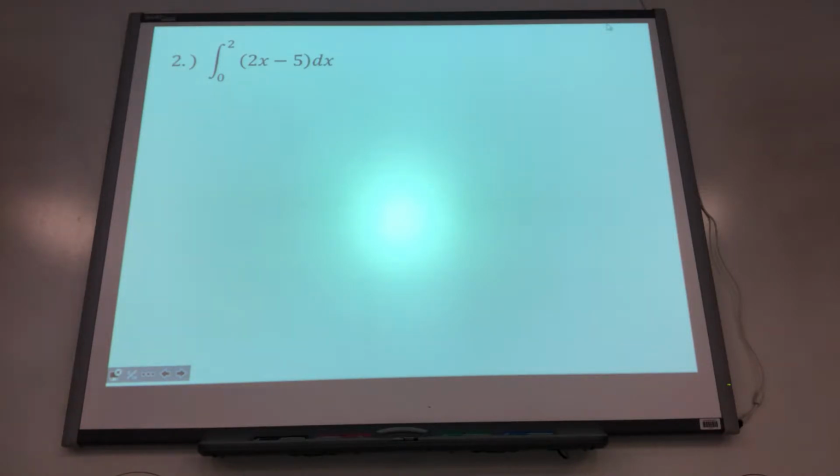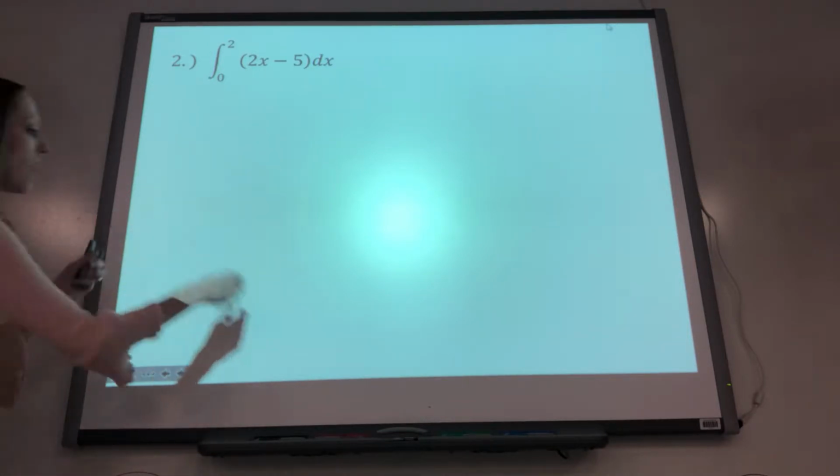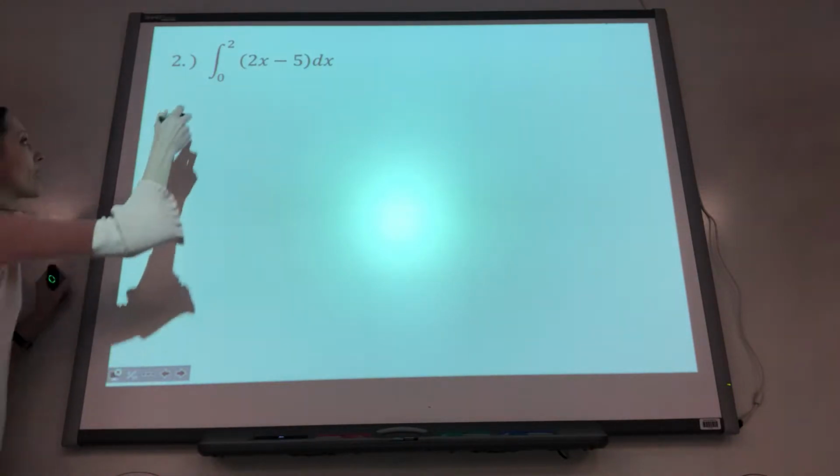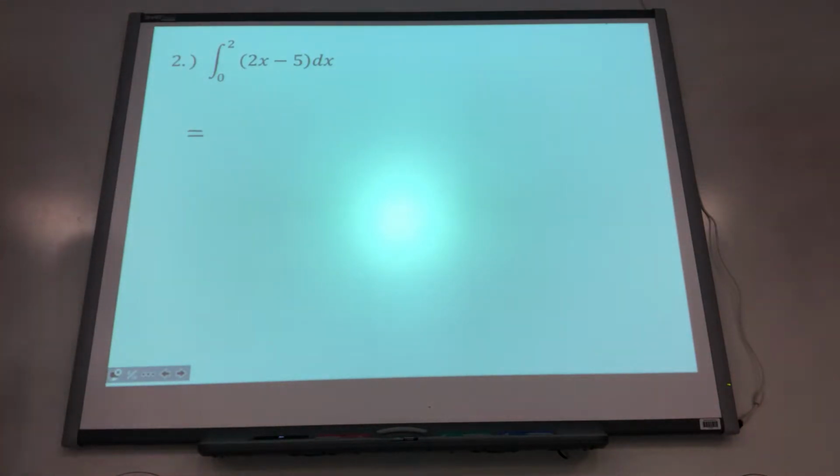Example 2, we are integrating from 0 to 2. You're going to find that it's really nice when one of those bounds is 0, because plugging in 0 is really easy to do. The function we're integrating is 2x minus 5 with respect to x. So again, start by just integrating.